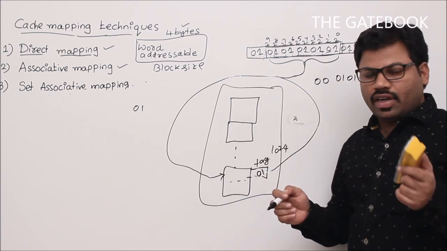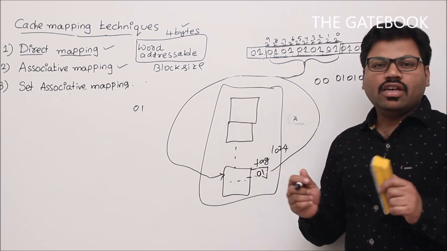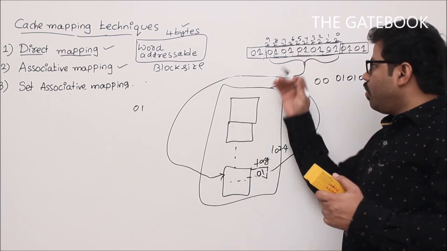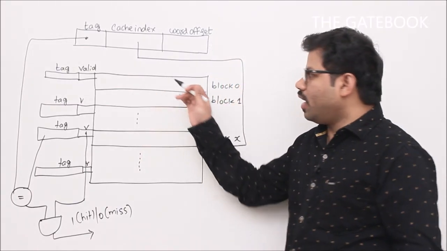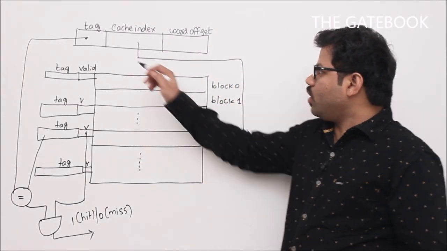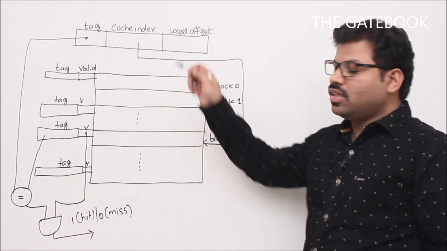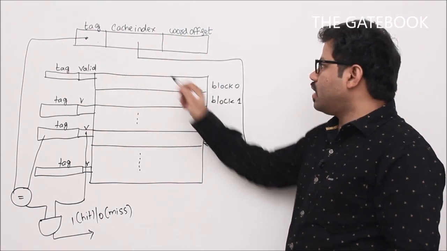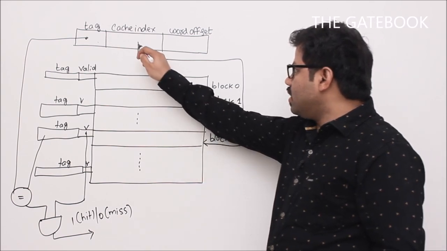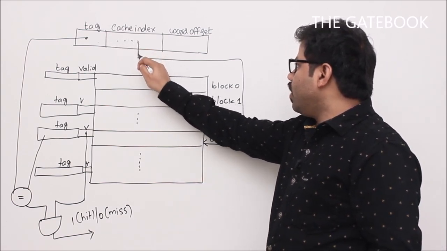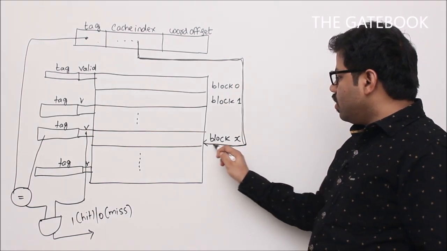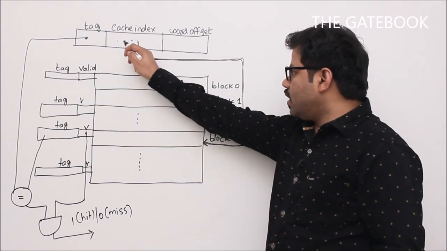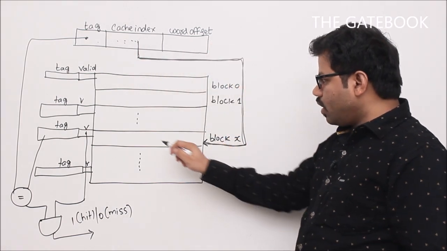Now we'll see the circuitry related to direct mapping, and how this memory address will be analyzed. Whenever you reference any memory address, your processor first accesses the cache. First the cache index bits are taken and connected to the cache. Using these index bits, we index to the right block.